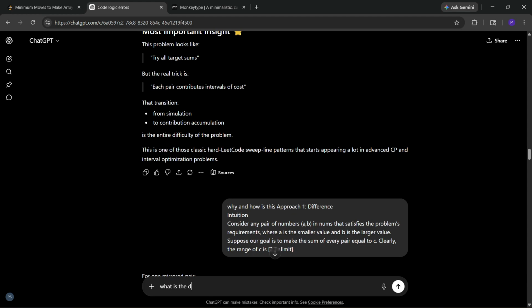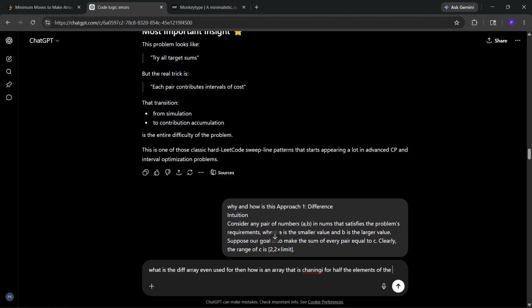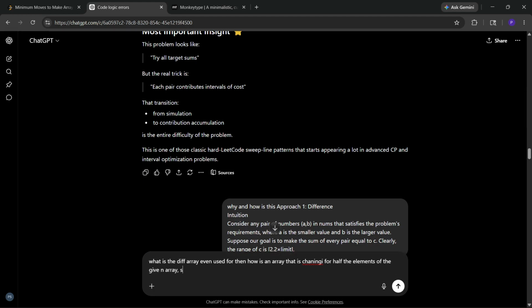What is the reference array even used for? How is an array that is changing for half the elements of the given array still ending up giving me my answer?